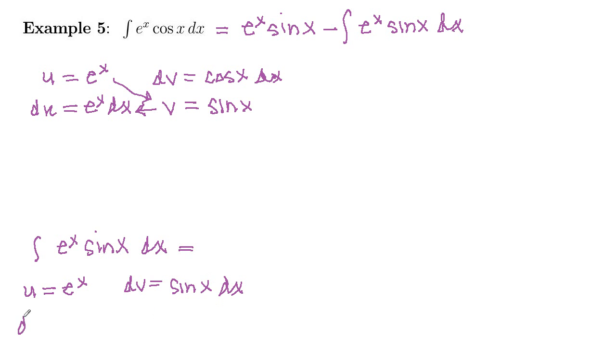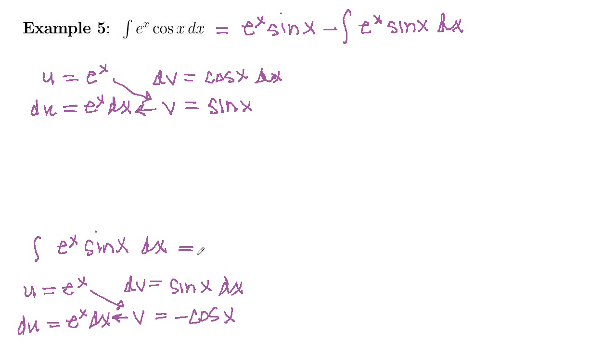So we need du, which will be e to the x dx. And then we need v, the antiderivative of sine, which is negative cosine x. So then uv minus the integral of v du.